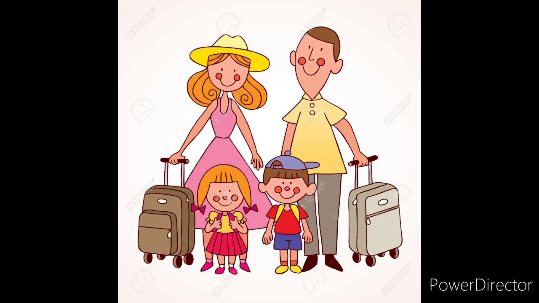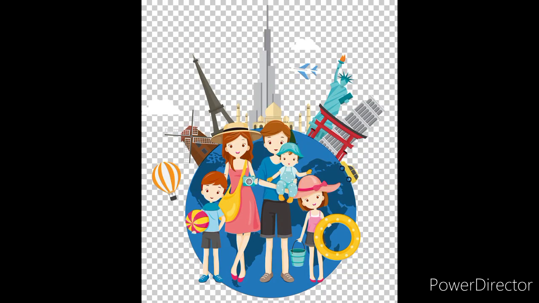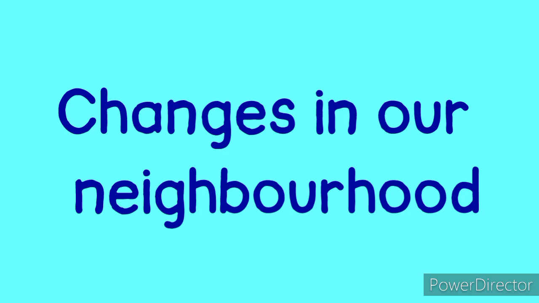In recent years, the number of people going to other states and countries for work and education has increased greatly. Many families have one of their family members living abroad or in another city in our own country. Therefore, the family system is also changing.